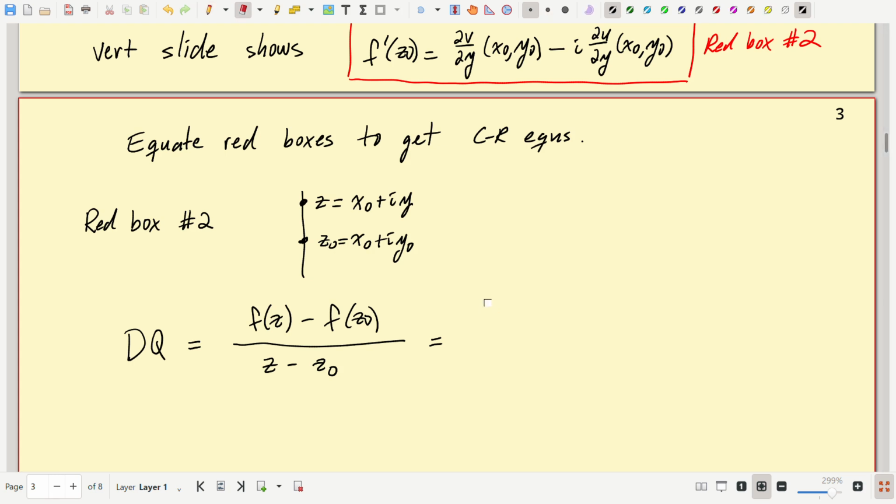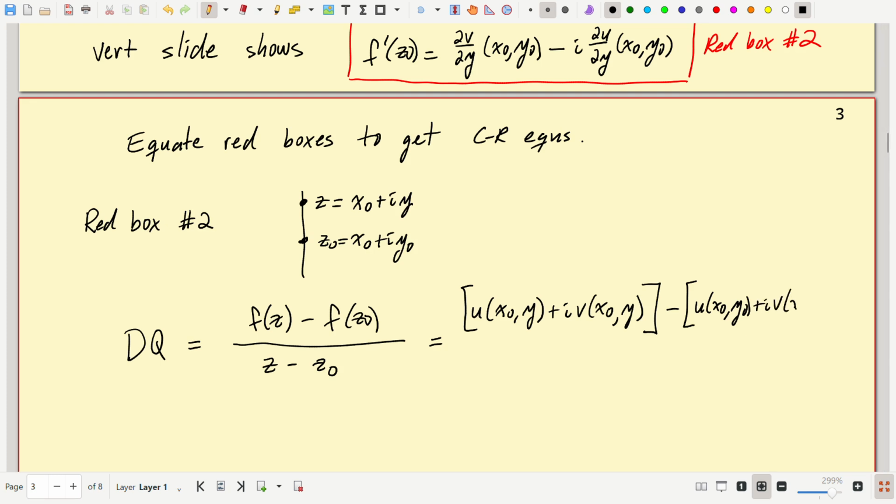I'm going to write it in terms of u's and v's now: u of x naught, y plus i v of x naught, y, minus the same thing at x naught, y naught. And on the bottom, subtracting those two things, the x naughts would cancel, and I would get i times y minus y naught.